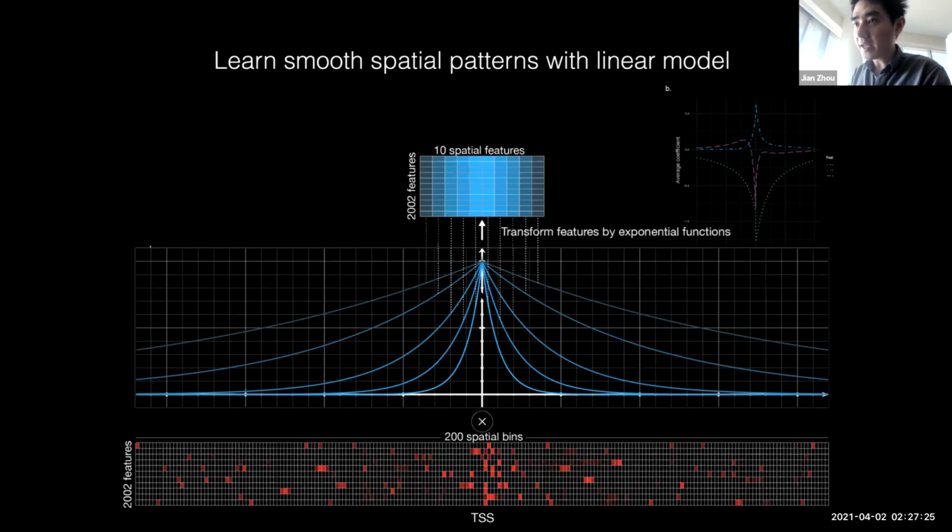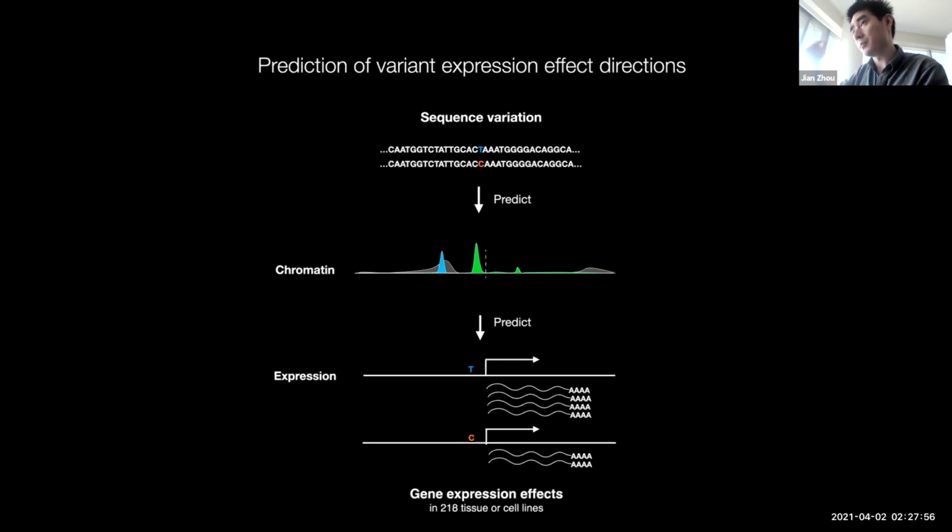We compute the weighted sums of those spatial features for each of those basis functions, resulting in multiple summarized spatial features. If we train a linear model on top of those features, we are learning linear combinations of those exponential basis functions, which allows us to learn the smooth patterns of the contribution of those chromatin profiles to gene expression. And of course, those chromatin profiles are also predicted from the sequence.